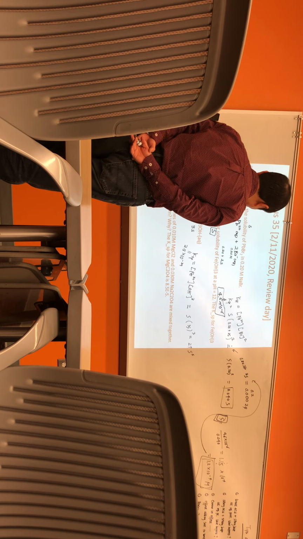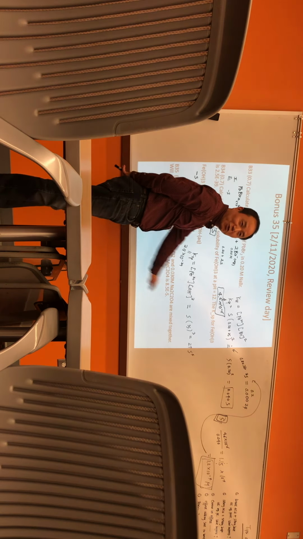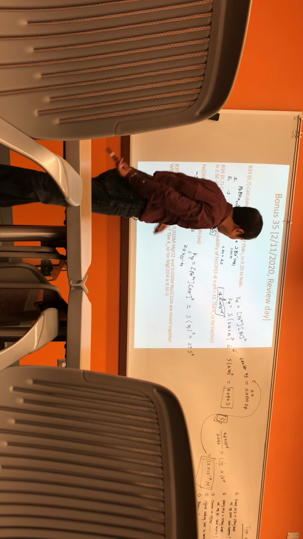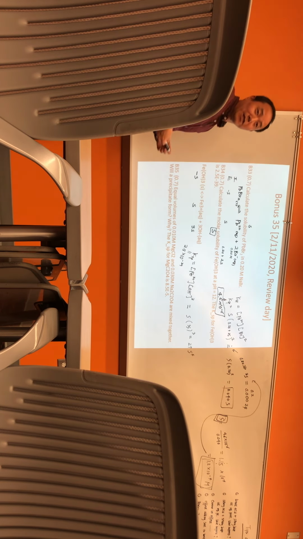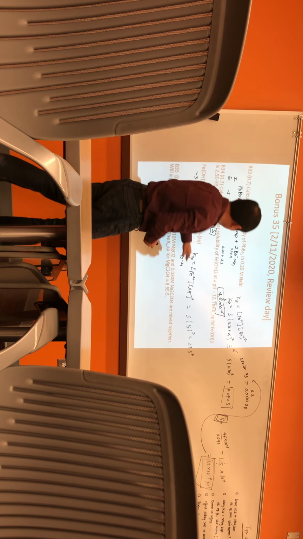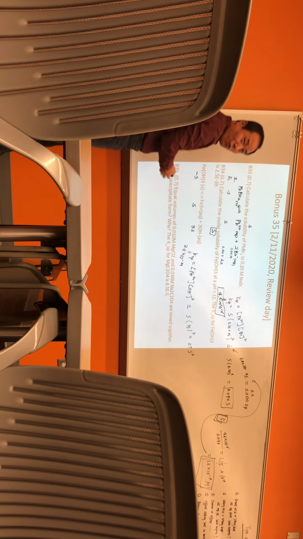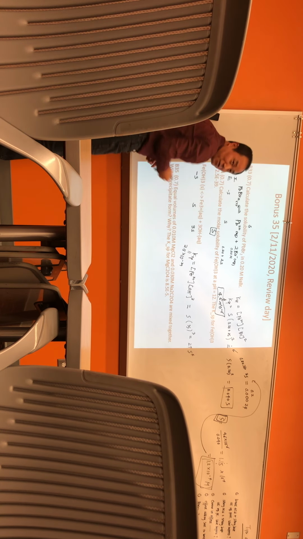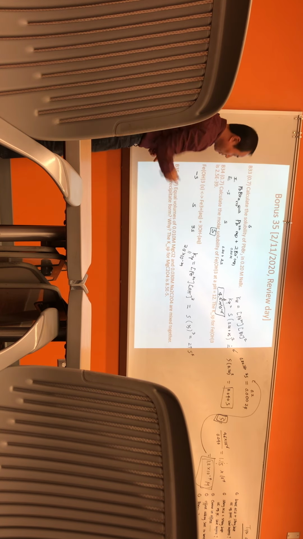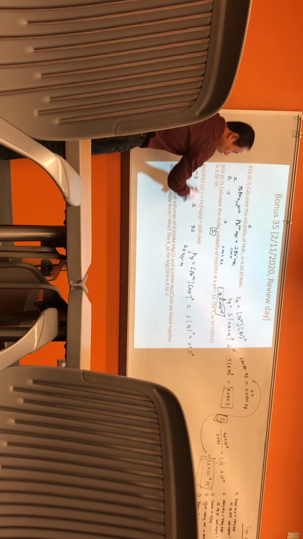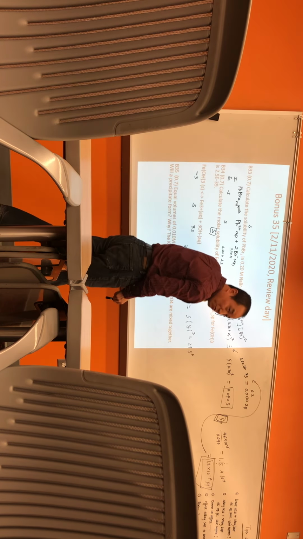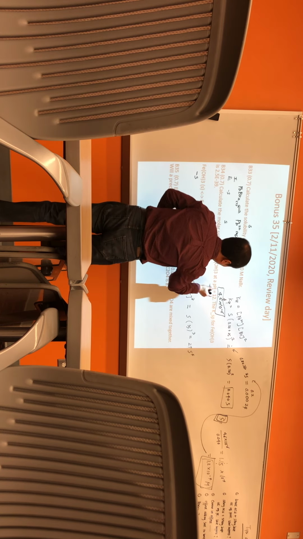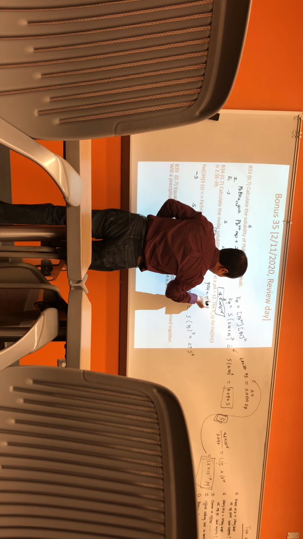Now we don't use this approach because this was given. Last time when I did this, this approach is used only if none of them are given. If none of them are given, you start from here, that much dissolves. But in this problem, pH is given. If pH is given, pOH is also given as 2.